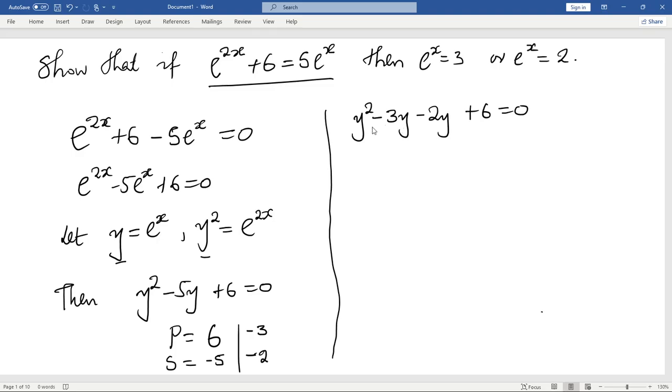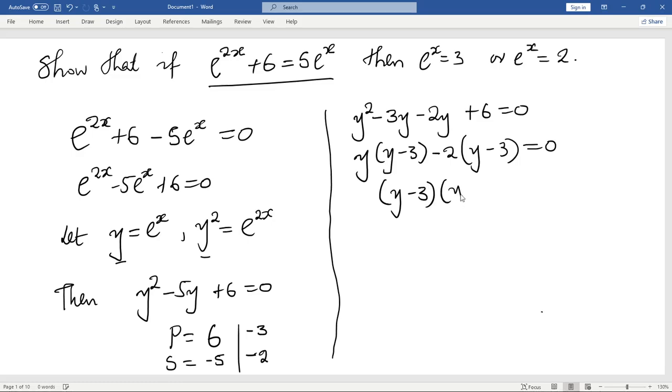We factor out what's common on the first two terms. Y is common there, so we're going to have y open brackets y minus 3. Then we factor out what is common on the two terms here. So negative 2 is common there, so we say negative 2 open brackets y minus 3, like this here, equal to 0. Then here we're going to have y minus 3 and y minus 2, like this, equal to 0.